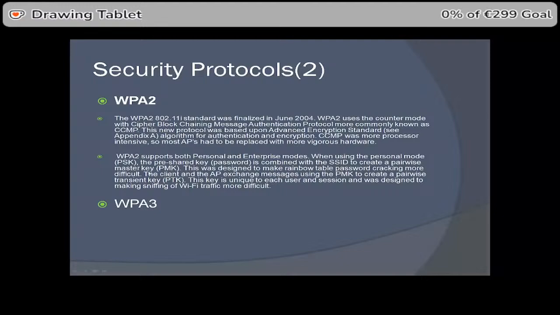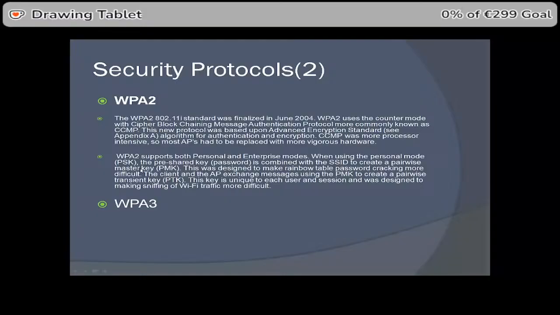When using the personal mode, the PSK, the pre-shared key password, is combined with the SSID to create a pairwise master key. So let's talk about this a little bit. If the name of your SSID is Netgear, then the password and the name of the SSID are going to be combined to create a master key.